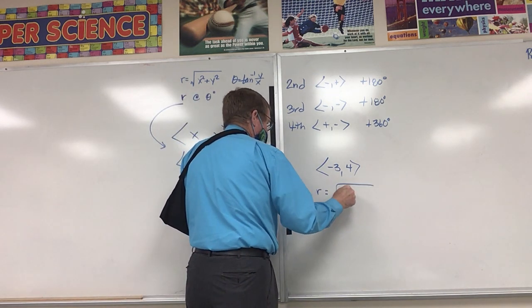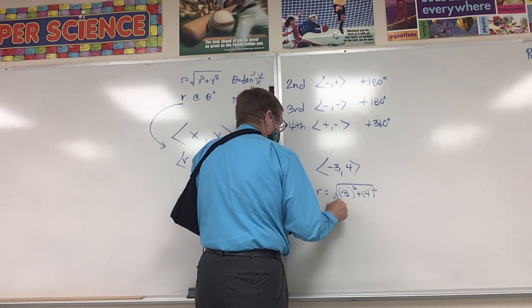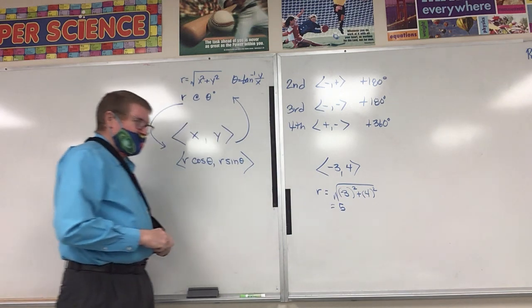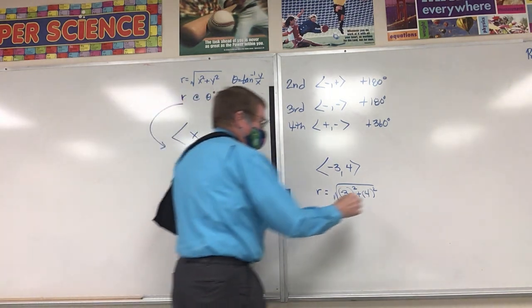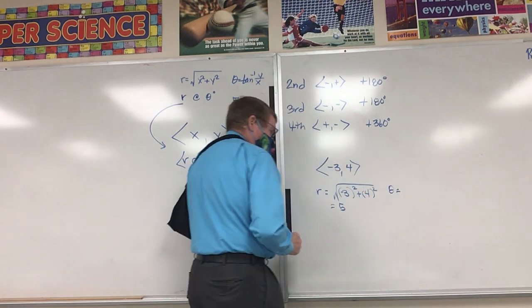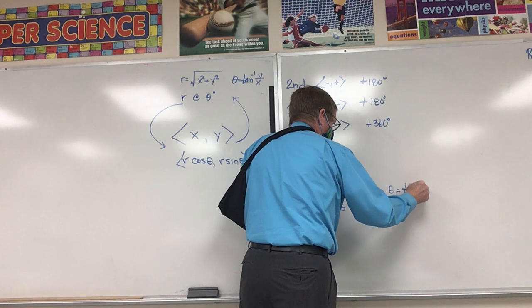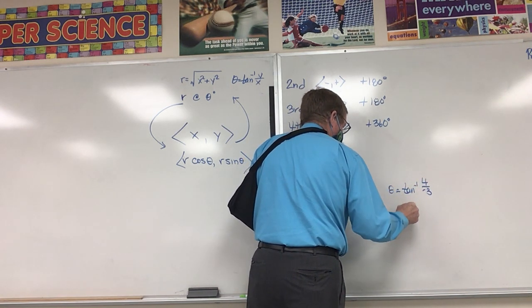Square root of negative 3 squared plus 4 squared, which equals 5. How do I find my theta? Arctangent of 4 over negative 3.